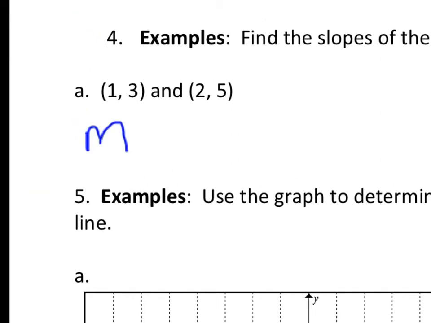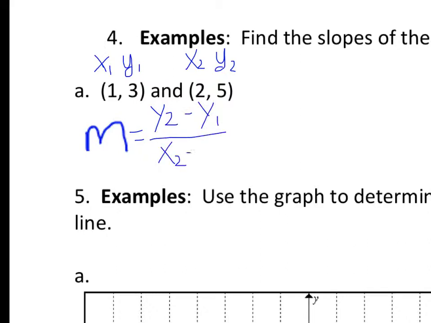We'll call this x1 and y1, and we'll call this one x2 and y2. And we want to do that because we have this formula that says our slope is y2 minus y1 over x2 minus x1.